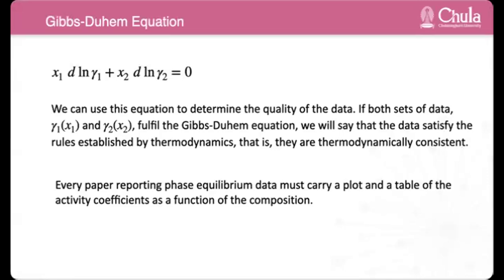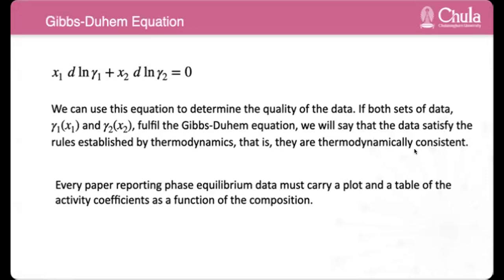If both sets of data, gamma 1 and gamma 2, which we calculate from the experimental data, fulfill the Gibbs-Duhem equation, we say the data satisfy the rules established by thermodynamics, or thermodynamic consistency. If you check the papers that report phase equilibrium data, at the very beginning the author must check the thermodynamic consistency.